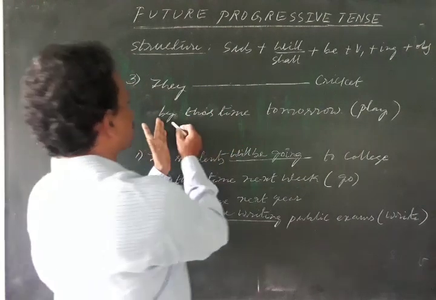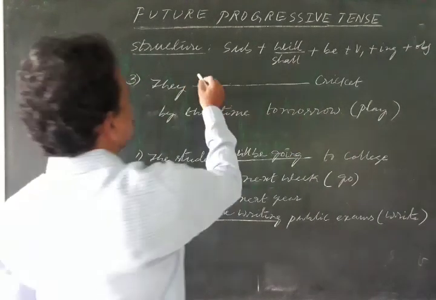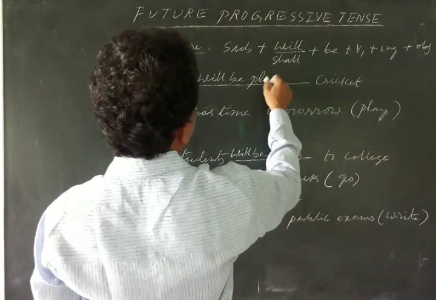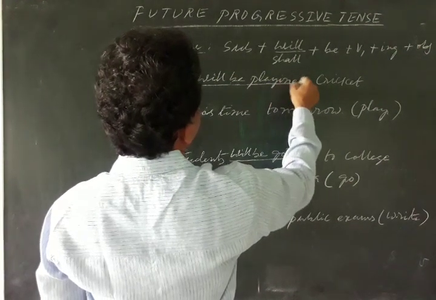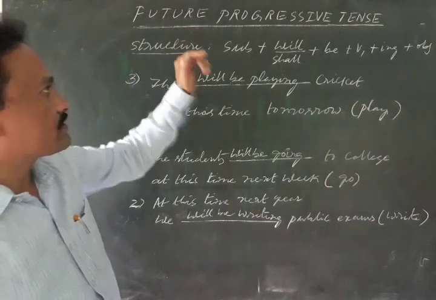Play is the verb here. As usual, the keyword here is by this time tomorrow. Verb is play, subject is they. So they will be playing cricket by this time tomorrow. This is future progressive.